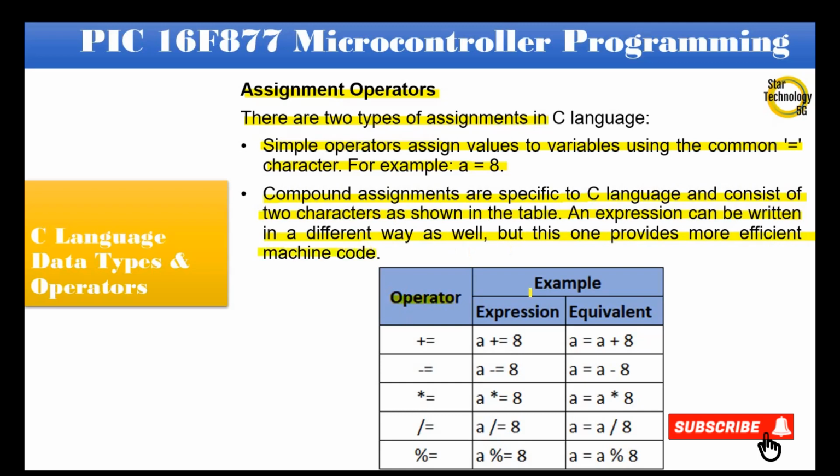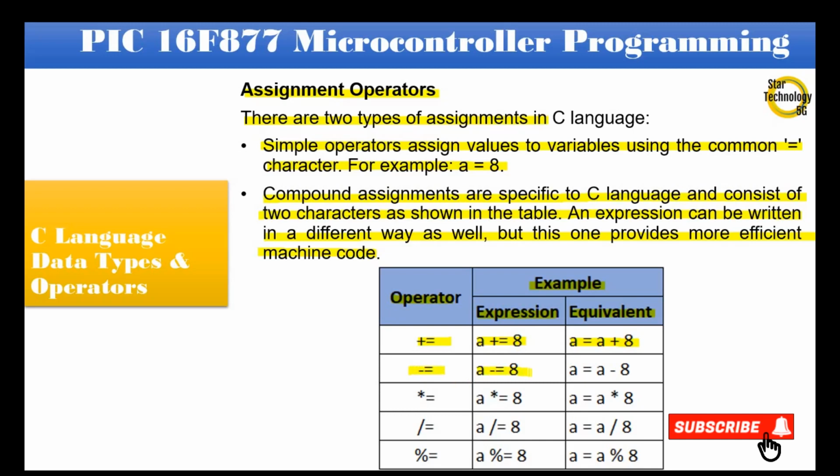Operator, example, expression, equivalent. Plus equals. Expression: A plus equals 8 is equivalent to A equals A plus 8. It will add the 8 to A and store the result in A. Minus equals.